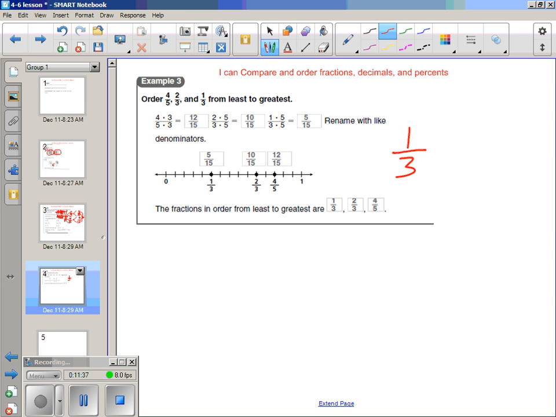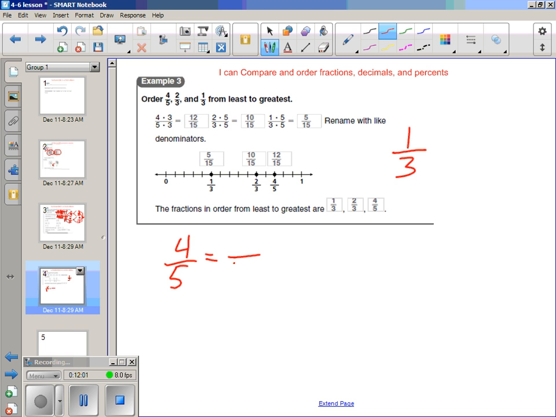And now we can either go to decimal. 2/3 we know is exactly 0.66 repeating, okay? Or 66 2/3%, or 67 if we round it up. 4/5 is an easy one because we can make that into tenths or 100ths.